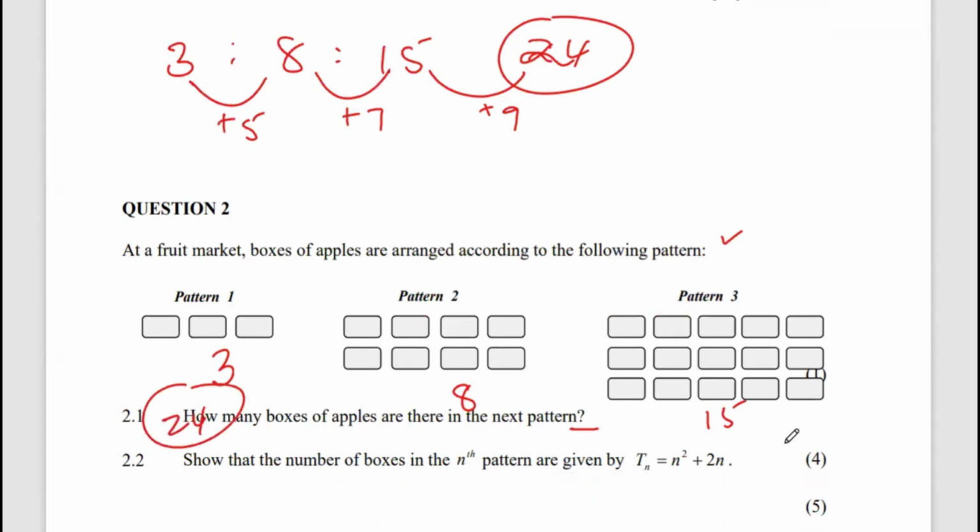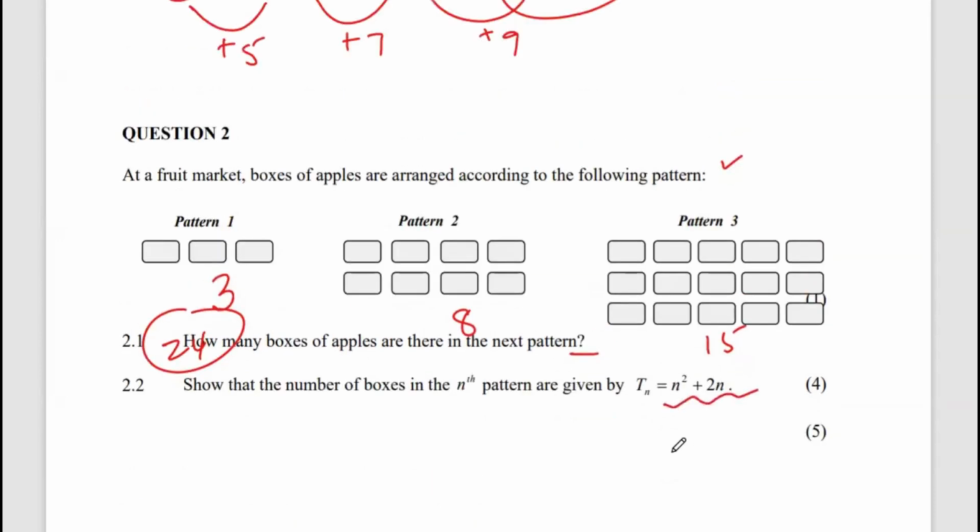And then, can we show that the number of boxes in the nth pattern are given by this? So they want us to find the Tn. Remember what we said? We need to find the second difference, which is going to be a 2. So this equated to 2a. This equated to 3a plus b.